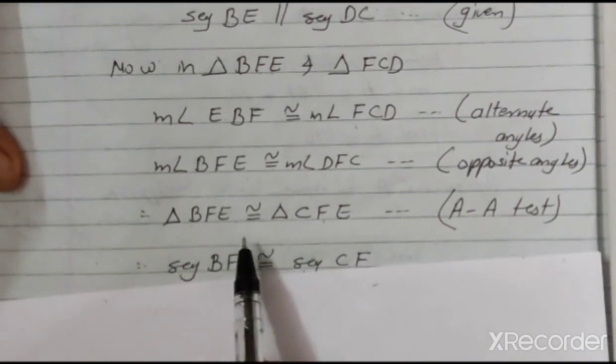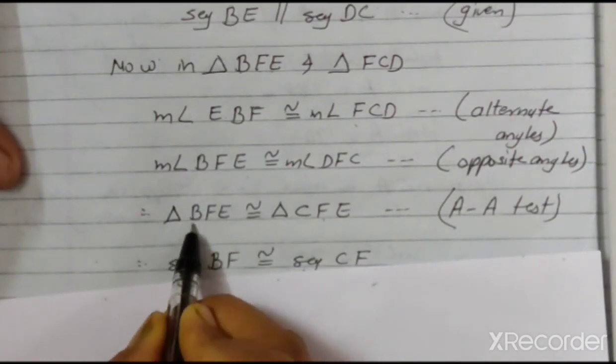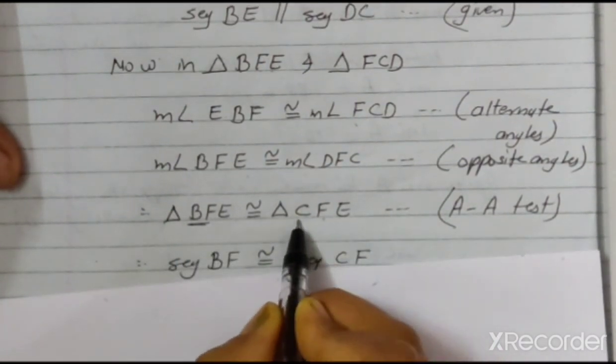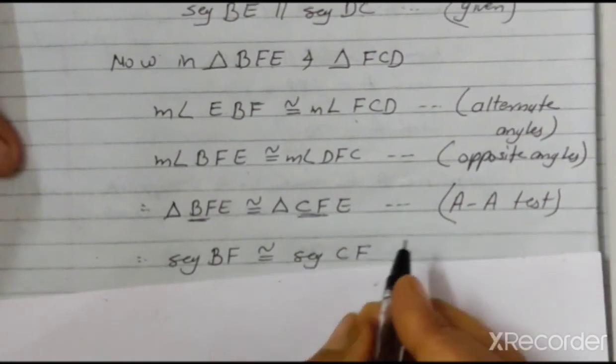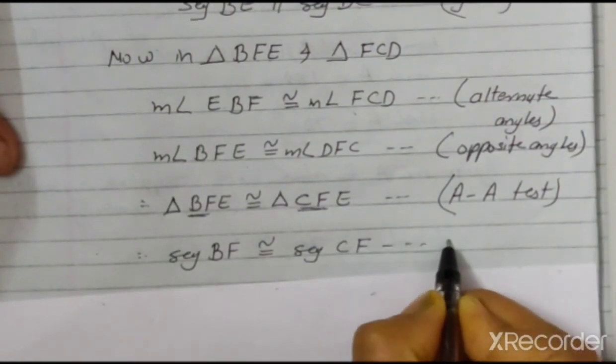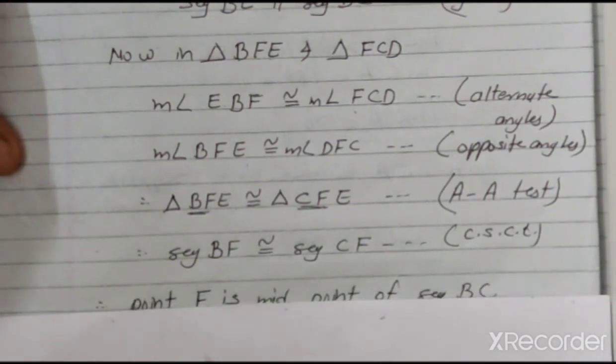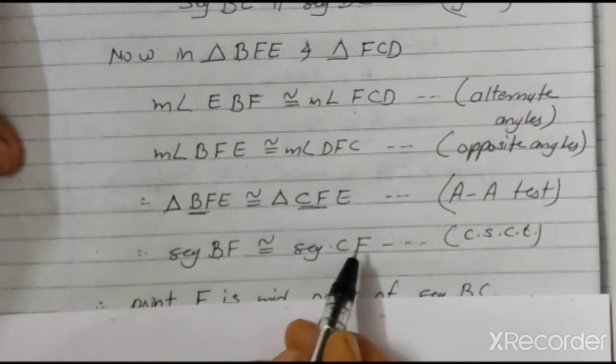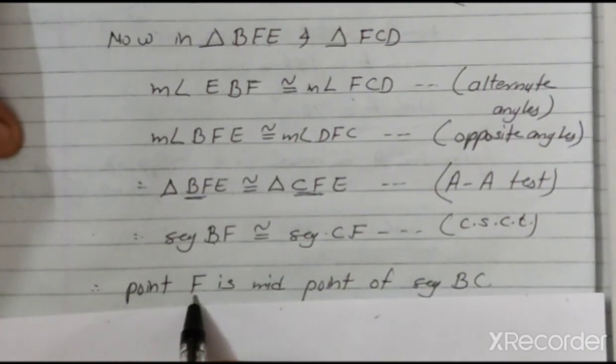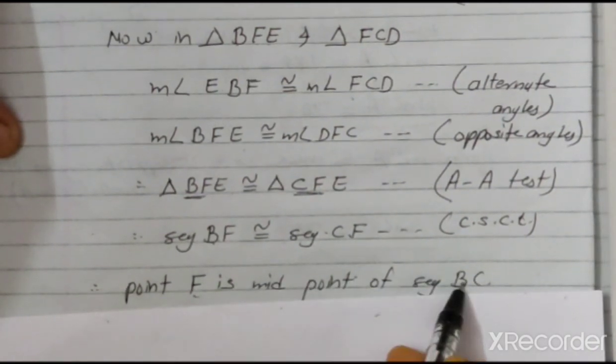So here we require their corresponding side BF is congruent with CF because these two segments are corresponding side of congruent triangle. So if these both segments are congruent, then we can say this point F is a midpoint of segment BC.